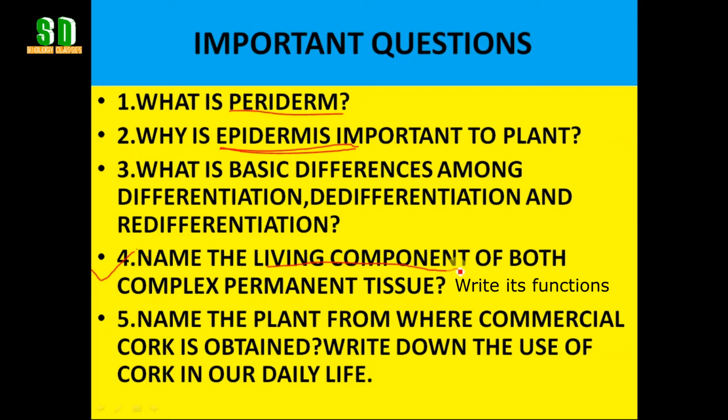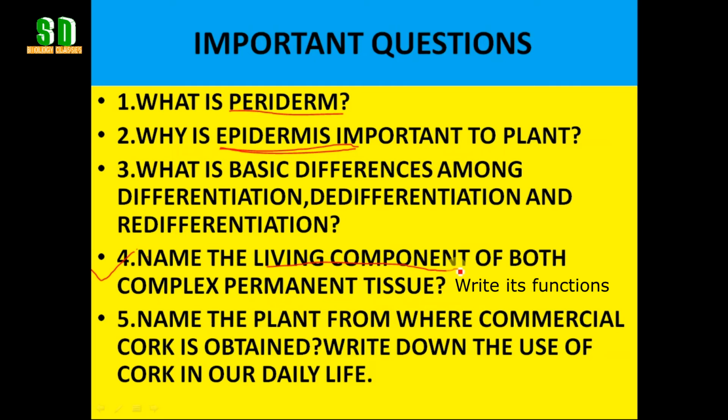So in xylem, only xylem parenchyma is the living tissue, and parenchyma is also present in phloem tissue. So the only living component present in both xylem and phloem, both types of complex permanent tissues, is parenchyma tissue. What are the functions of the xylem parenchyma as well as the phloem parenchyma?